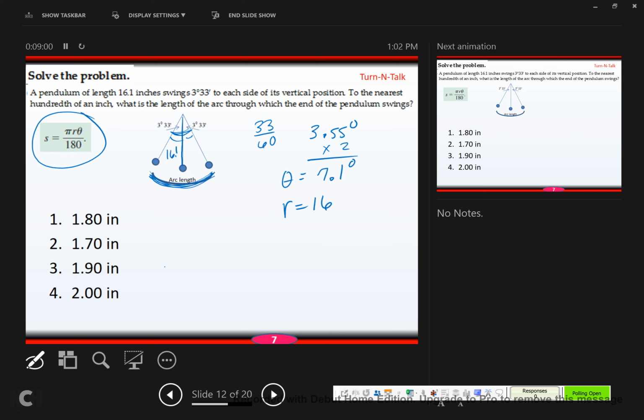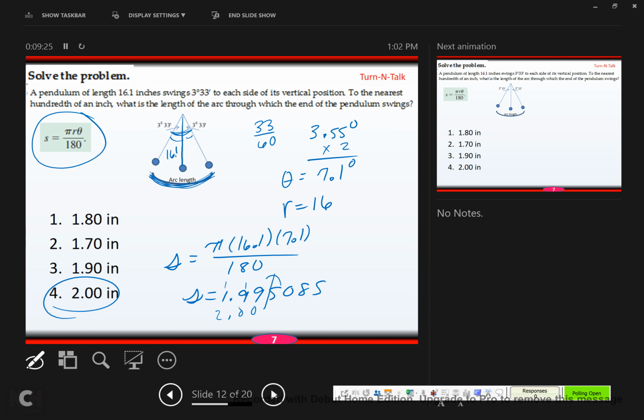So in my formula, the arc length is pi times 16.1 times 7.1 divided by 180. And you get S equals 1.995085, blah, blah, blah. It says to the nearest hundredth, so that 5 bumps that up, bumps that up, and it's 2 inches. Okay.